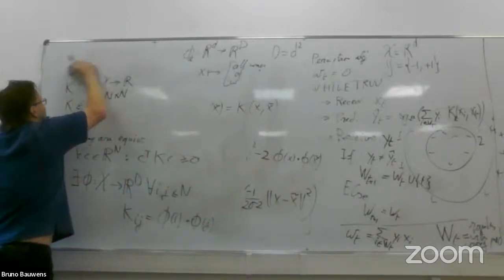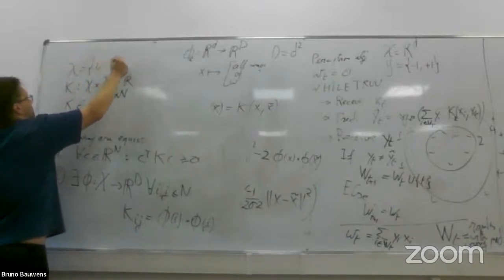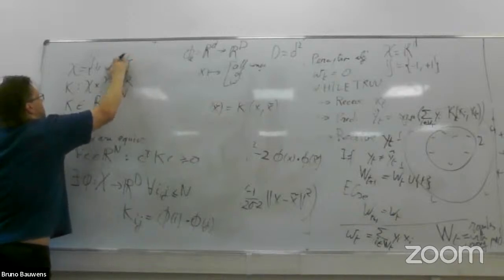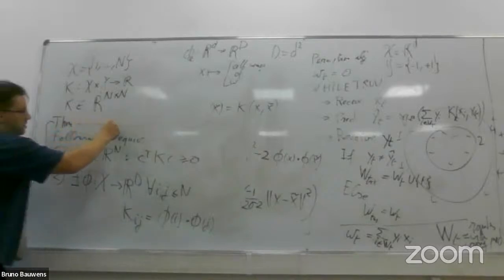Sorry for changing X all the time. Let's say that X is equal to the natural numbers, to make everything formally correct. So here is the theorem.